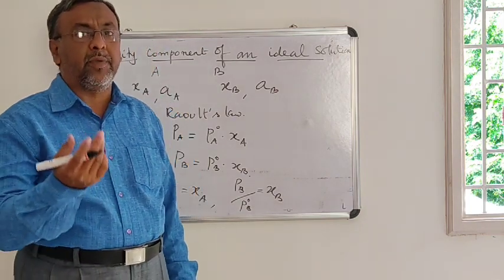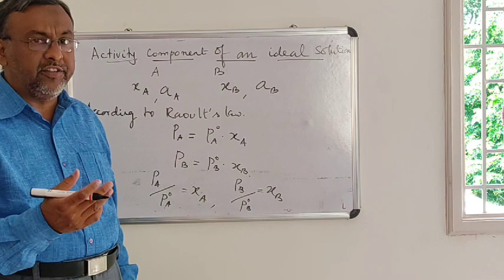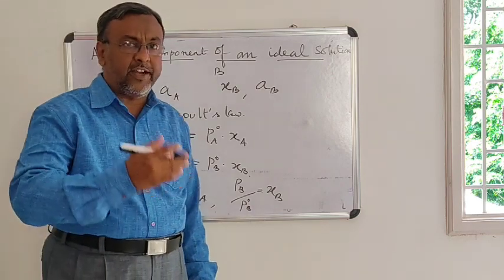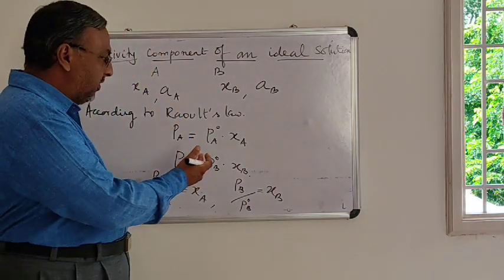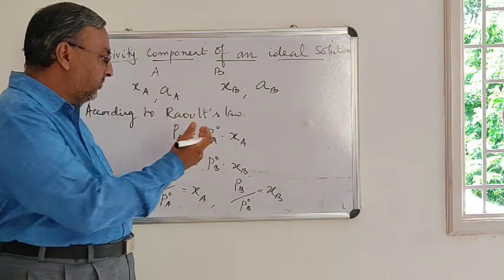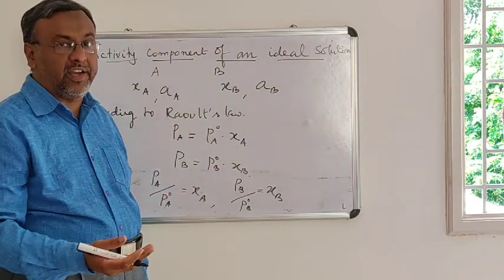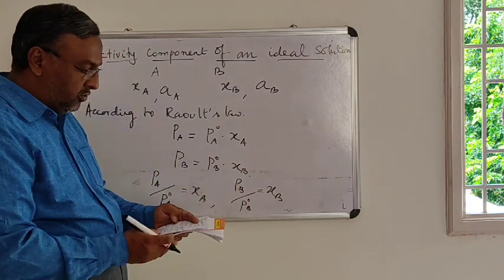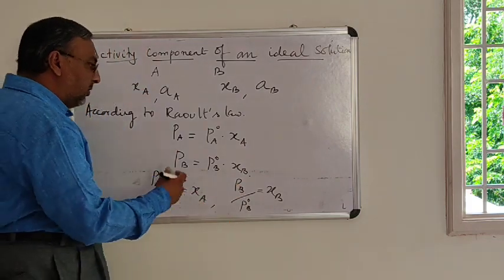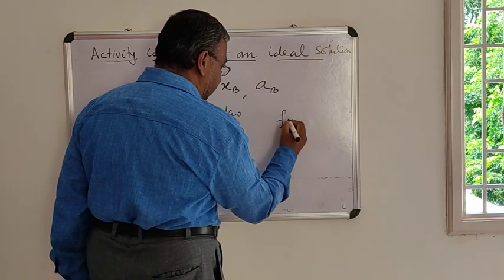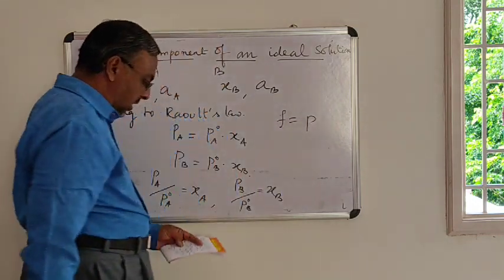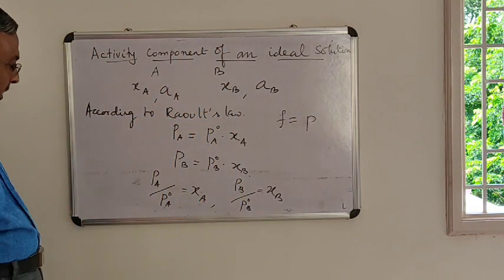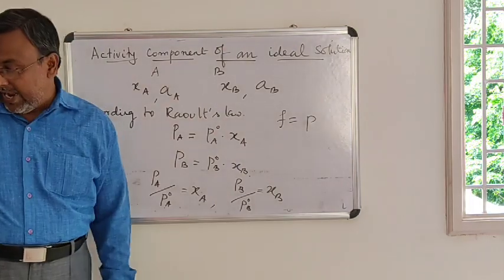Fugacity is the escaping tendency of any system from one state to another, here from the liquid state to the vapor state. So, instead of vapor pressure, we can also use fugacity. Fugacity will be equal to pressure.